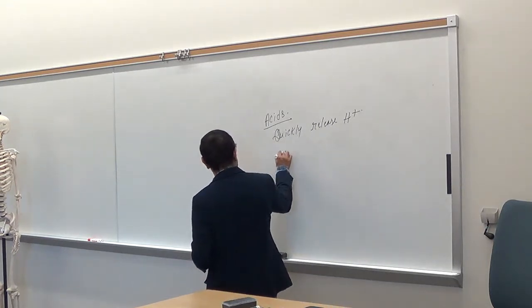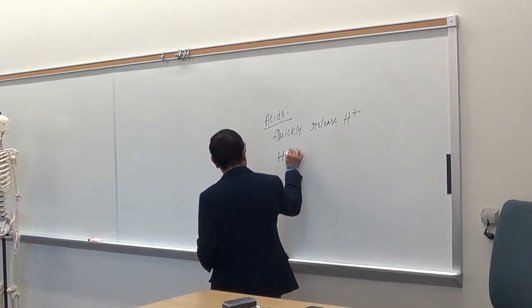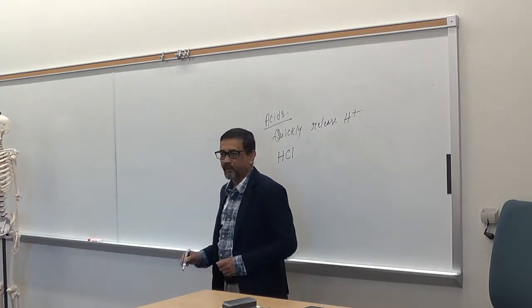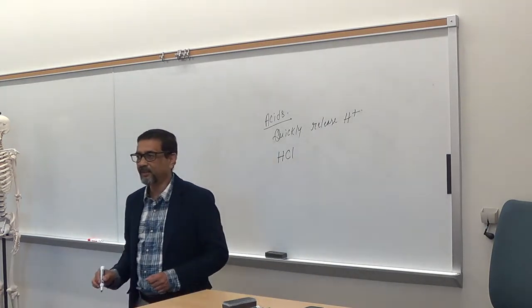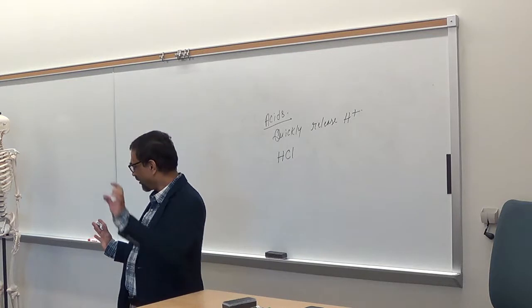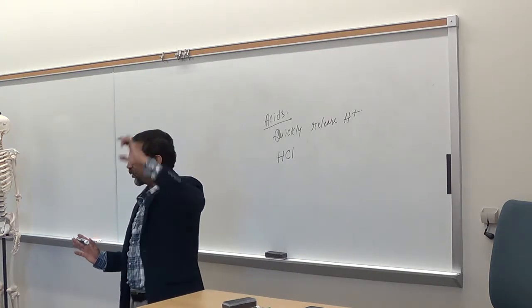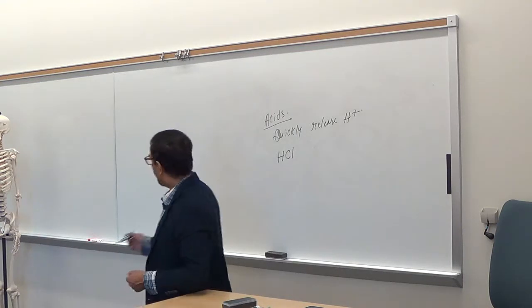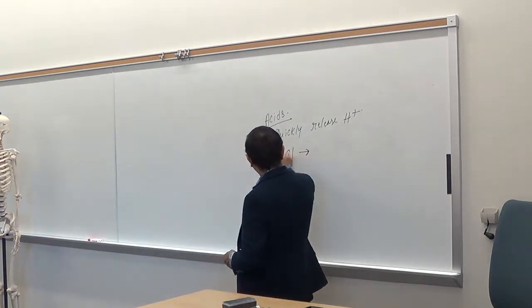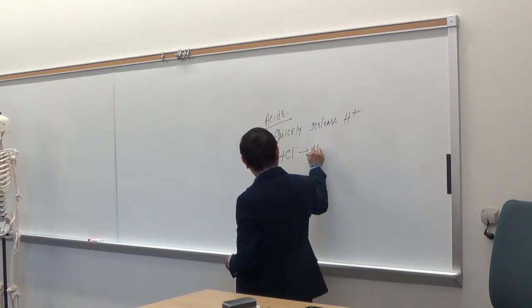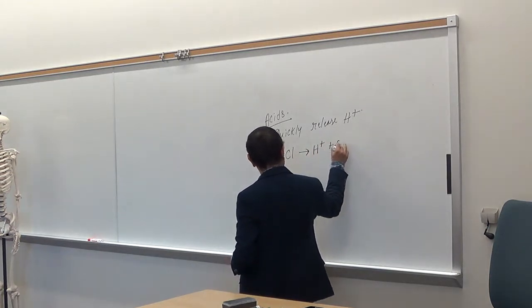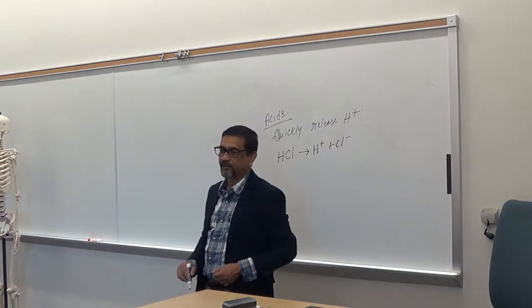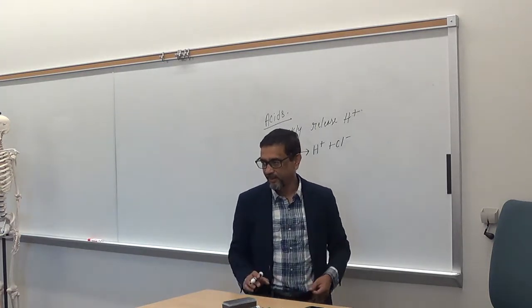Example of acid, HCl, hydrochloric acid. Okay, it is an acid. You know that? Have you heard that? Hydrochloric acid. Okay. So why is it an acid? Because it can quickly split and deliver hydrogen ion. Make sense? So that's why it is an acid.